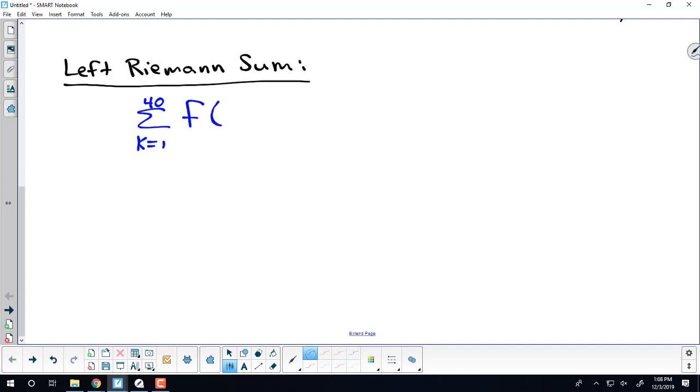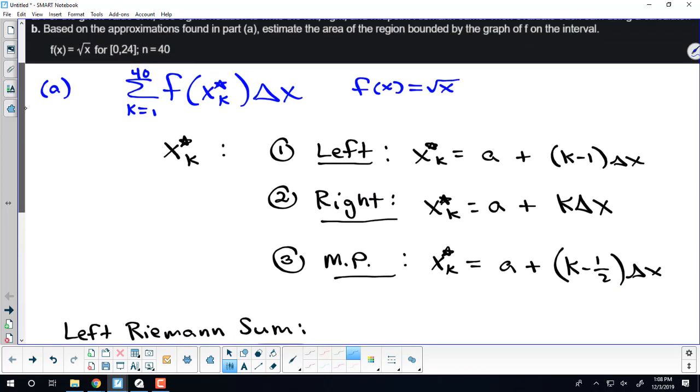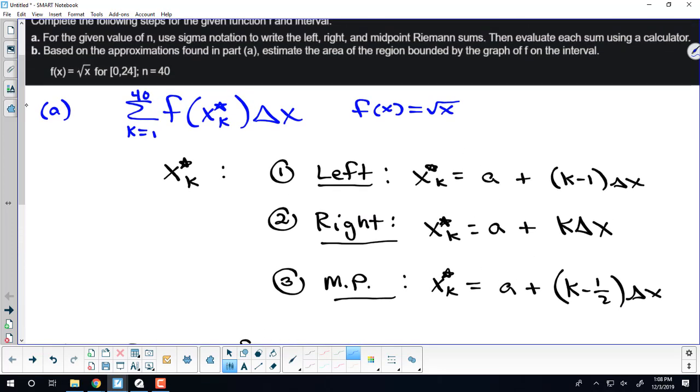F evaluated at x star for the left Riemann sum, again, is a plus k minus 1 times delta x, times delta x. So we'll fill in, what would our a be for this? 0. Yeah, we know that because the interval we're given is from 0 to 24.